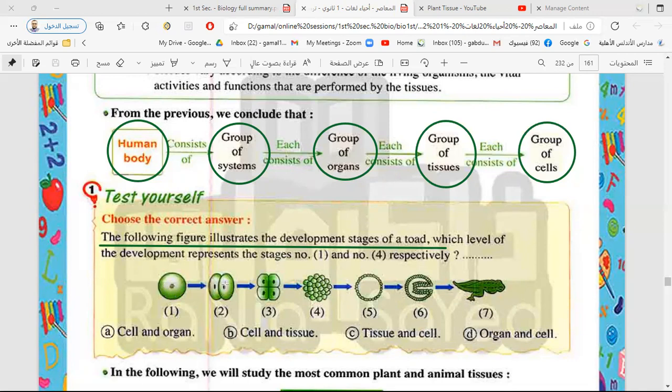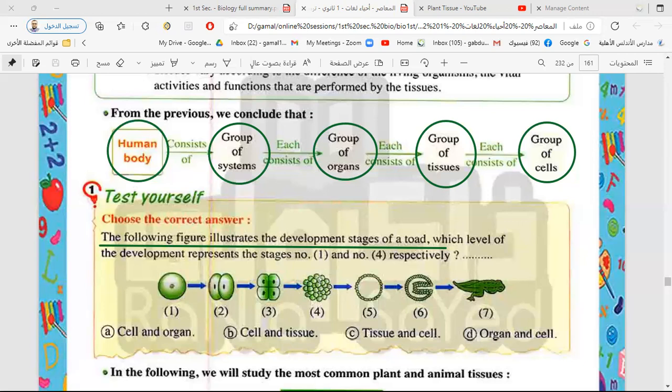The zygote divides the first time and makes two cells, and the two cells divide to make four cells, and this is a mitotic division, as you know. And the four cells divide many times to make a block of cells.